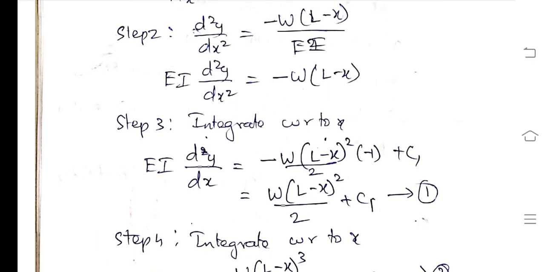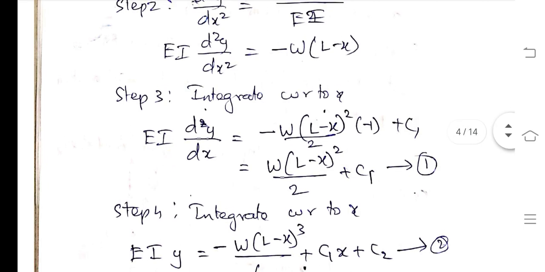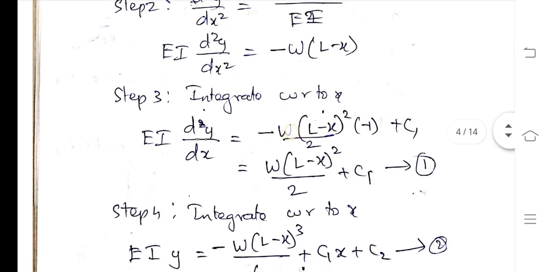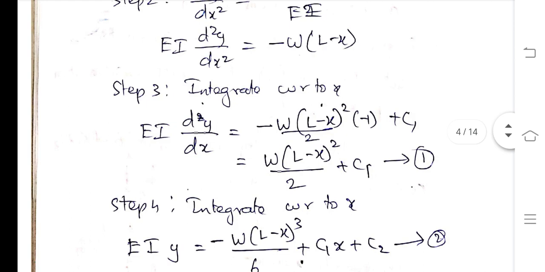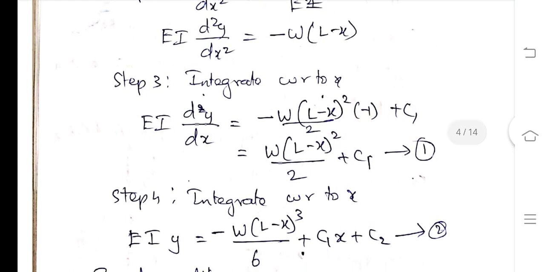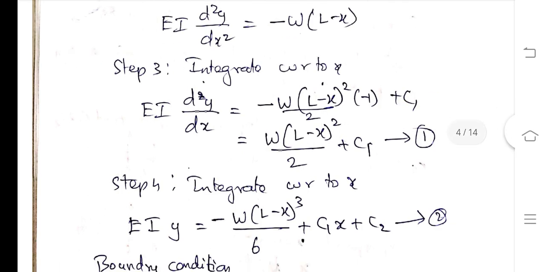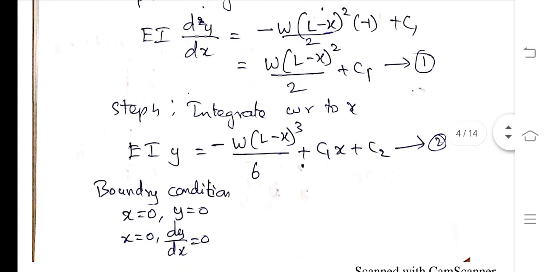Then integrating with respect to x, EI into dy by dx is equal to, here W is constant and L minus x is the variable, so L minus x the whole square divided by 2, and again differentiating L minus x gives minus 1. After integrating, you will get an integration constant C1. Then integrate again with respect to x.